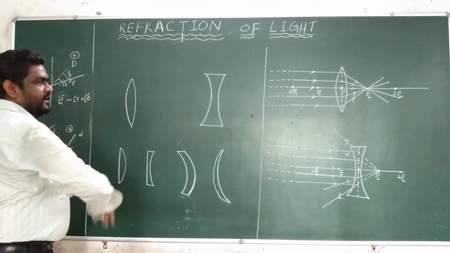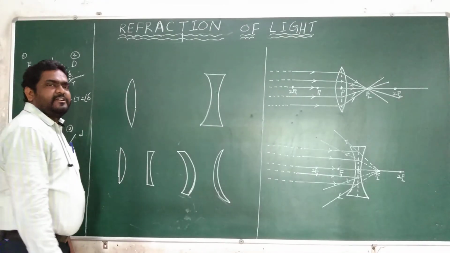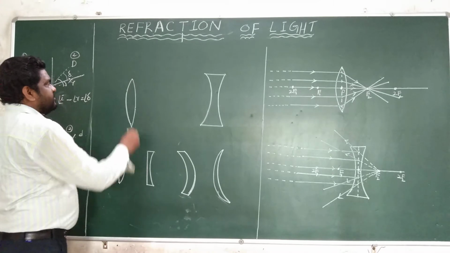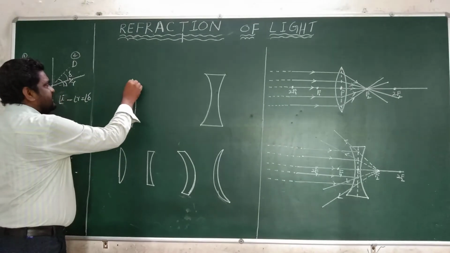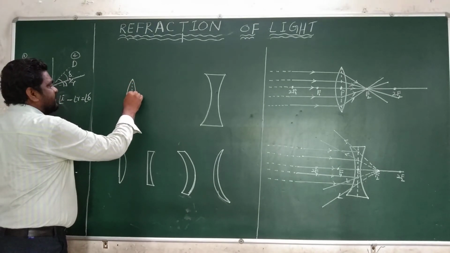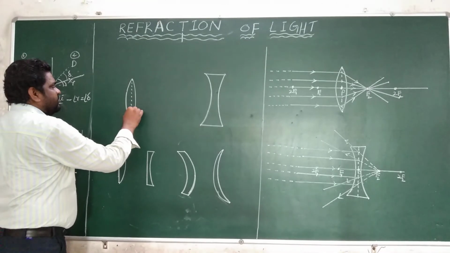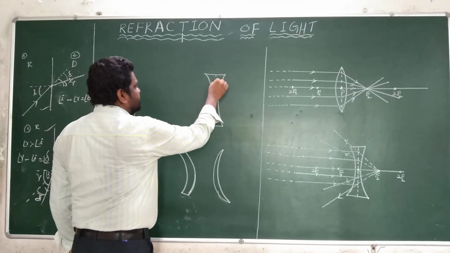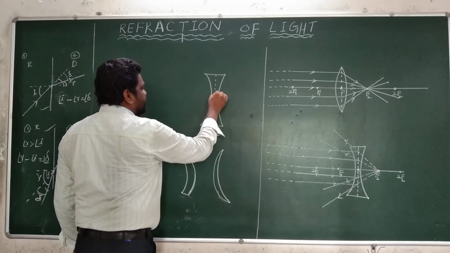After that, the important terms in case of lenses. For our convenience, we have to draw the dotted lines at the center, from one end to another end of the lens. Here also, one end to another end of the lens.